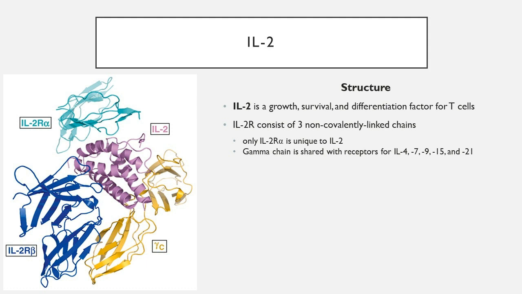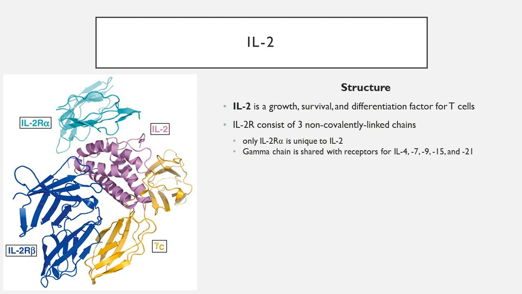Another interesting thing to note is that most cytokines act by what's called autocrine action, which means that the cells that produce the cytokines are the ones that respond to those cytokines, as opposed to paracrine action, where one cell produces a cytokine for the purpose of another cell to respond to it.